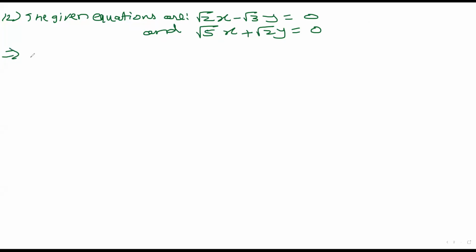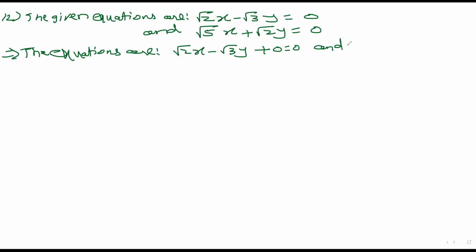So in fact, the equations are root 2x minus root 3y plus 0 equal to 0 and root 5x plus root 2y plus 0 equal to 0.